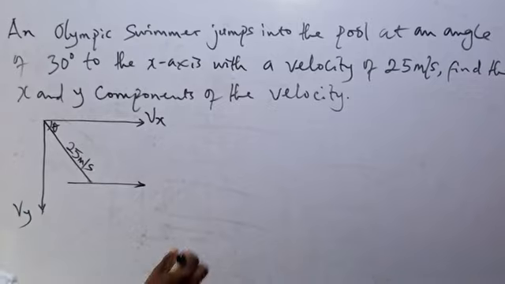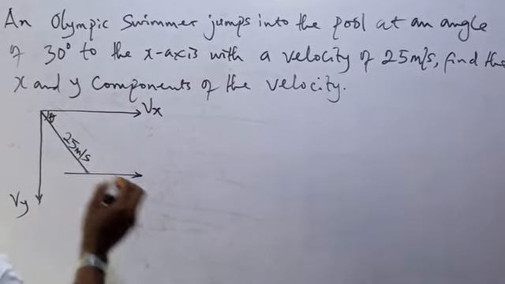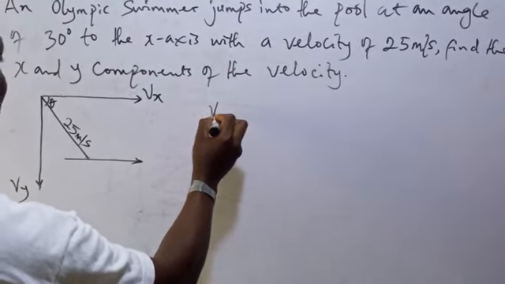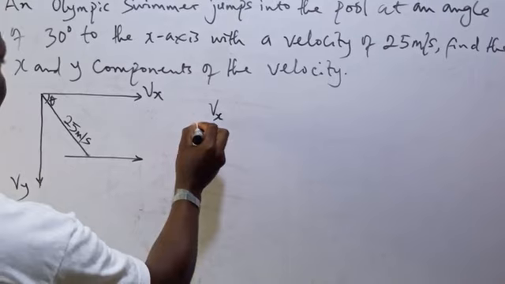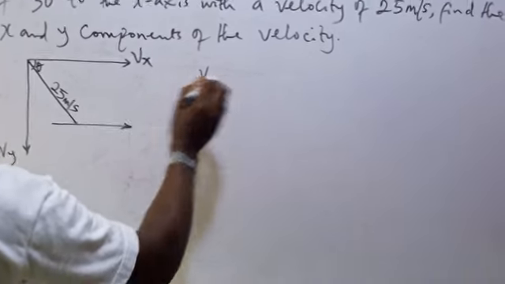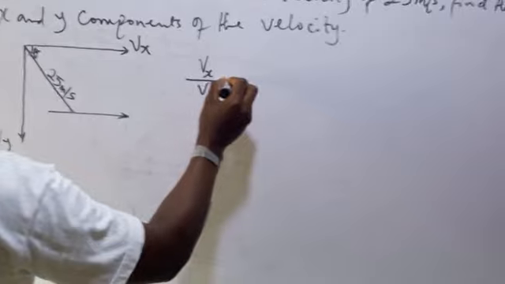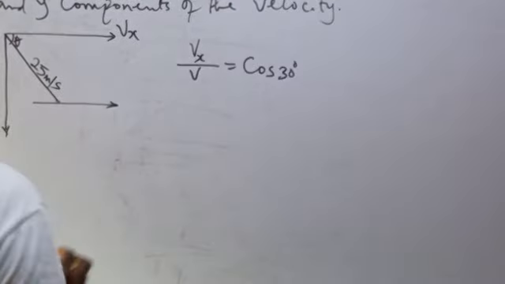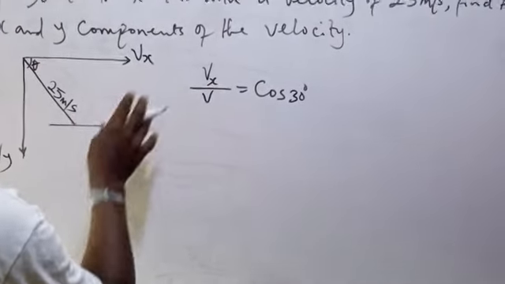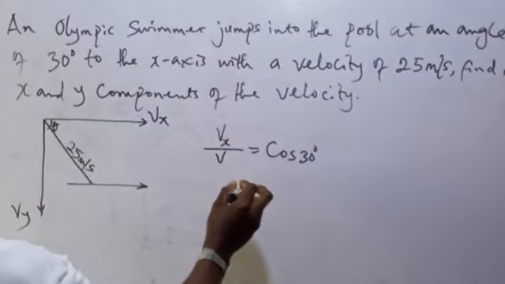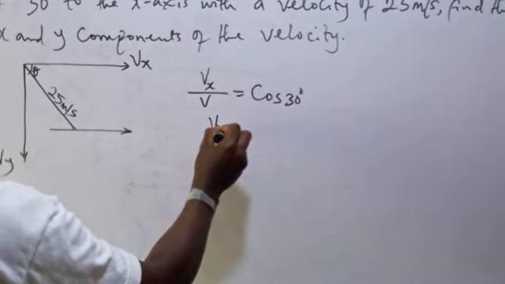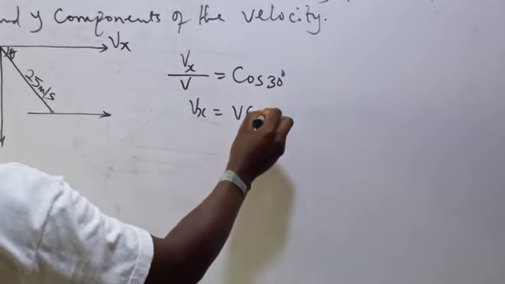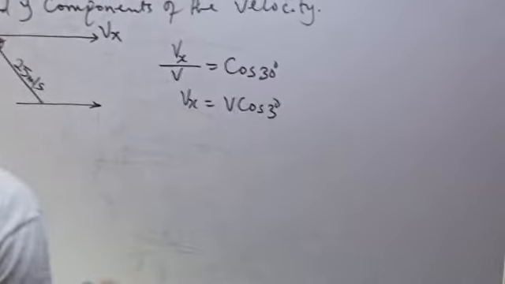Now, resolving this, let's resolve, say, the x-axis. The velocity of the x-axis over the velocity of the swimmer jumping equals cos 30 degrees, because of the x-axis cos. Now the velocity of the x-axis is equal to the velocity of the swimmer multiplied by cos 30 degrees.